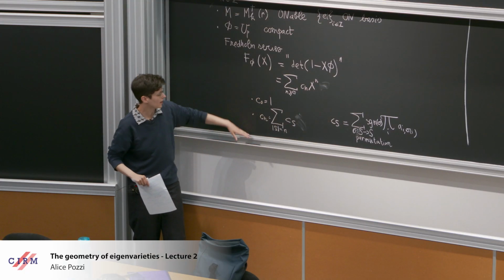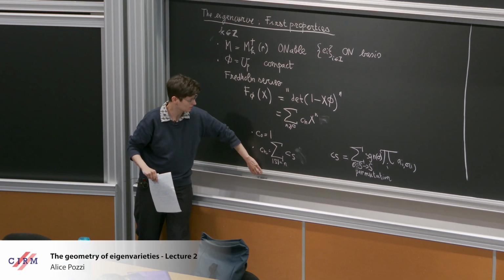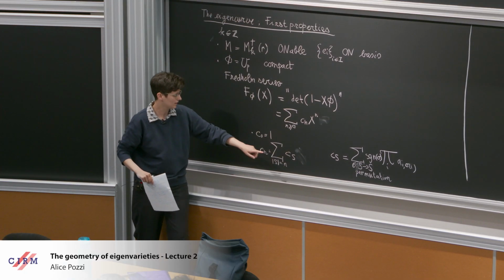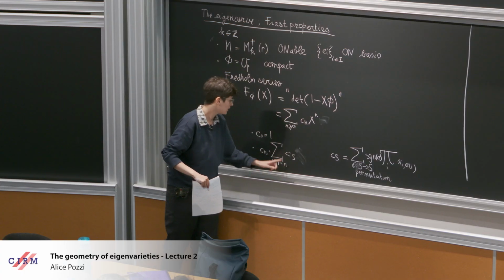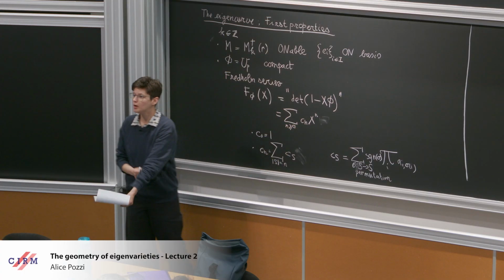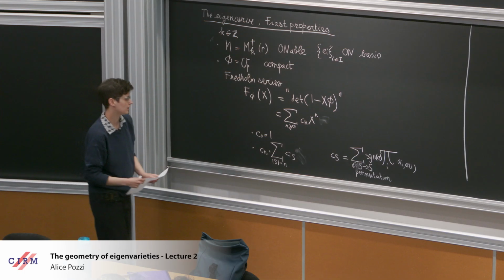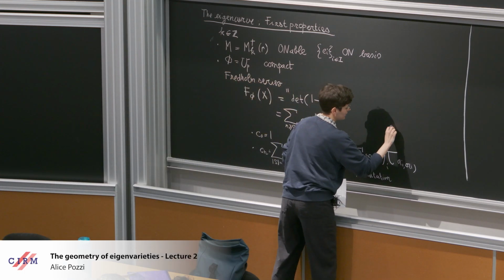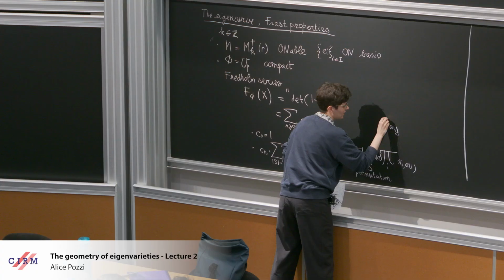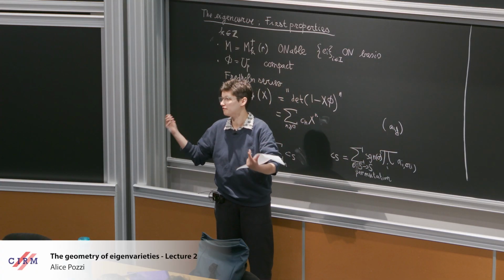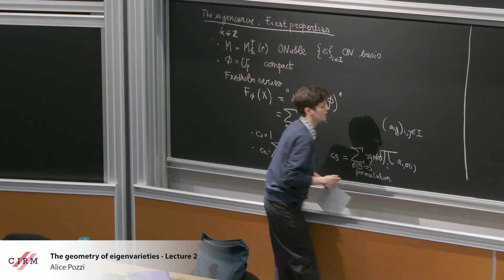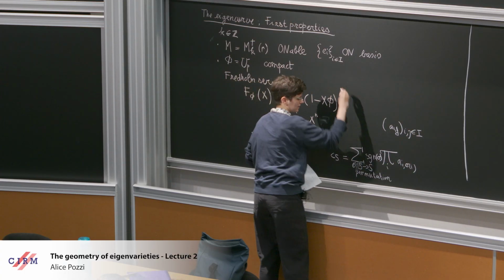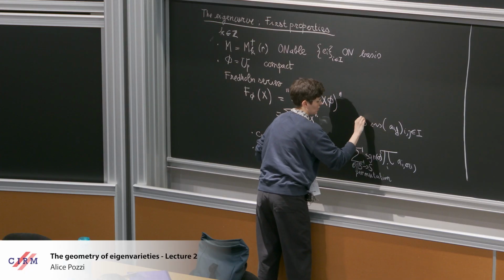The first claim is that this makes sense, meaning that this infinite sum converges. If you think about what the term C1 is, this is more or less what you would imagine, where a_{ij} is an infinite matrix, with i and j in I, that represents phi.